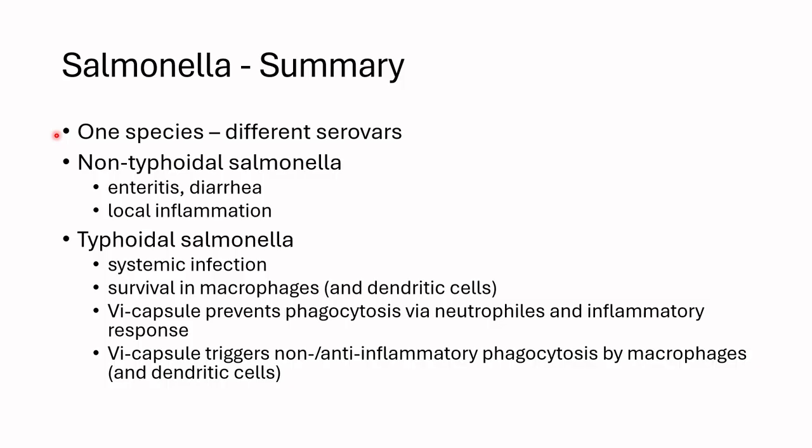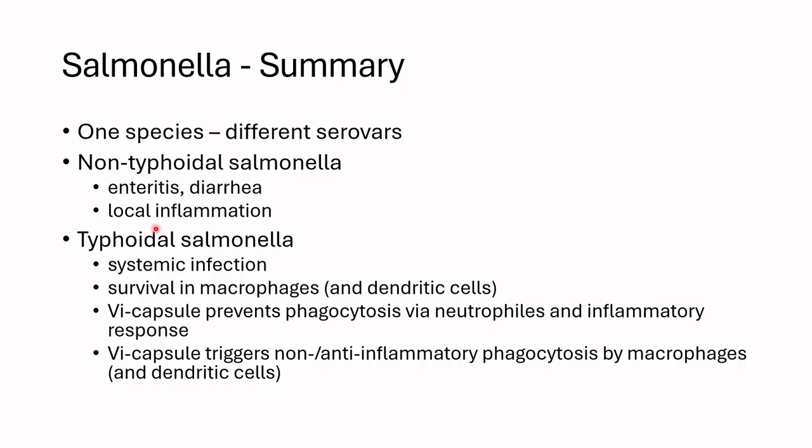On the one hand, we have the non-typhoidal Salmonella, and they cause an illness that's characterized by enteritis and diarrhea, which comes from local inflammation in the gut. And then we have the typhoidal Salmonella, where the disease looks very different.